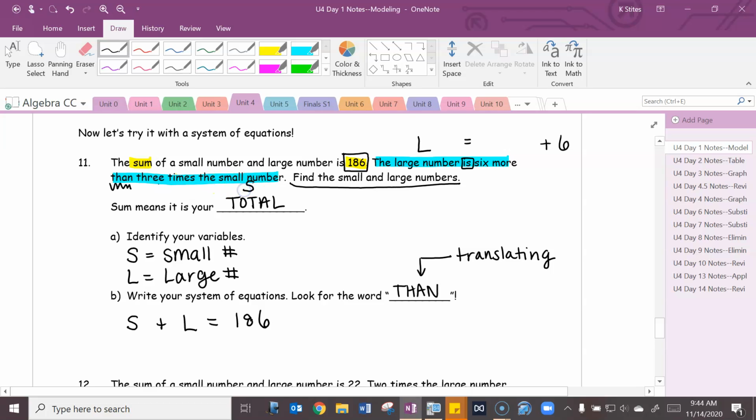Again, the small number is S. 3 times means we're multiplying. So 3S. This becomes L equals 3S plus 6. We can see how that looks similar to slope-intercept form, y equals mx plus b. And this is your system.